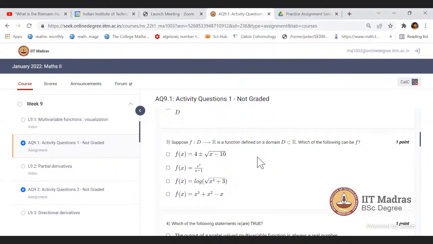D can be equal to R. So it can be anything, right? In particular, D can be R minus 1, right? Yes. Because we are not putting any condition on D. We are just saying that D is a subset of R. So in particular you can exclude minus 1 from D. Got it. Yes.